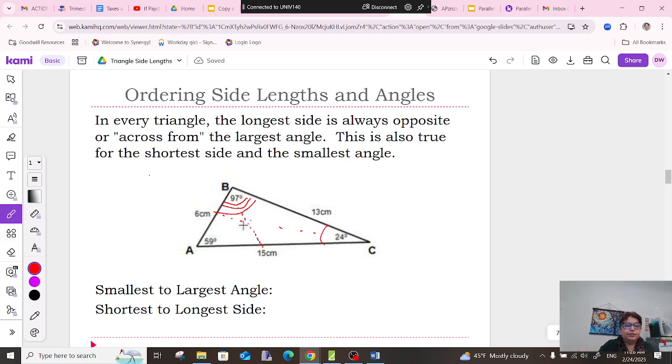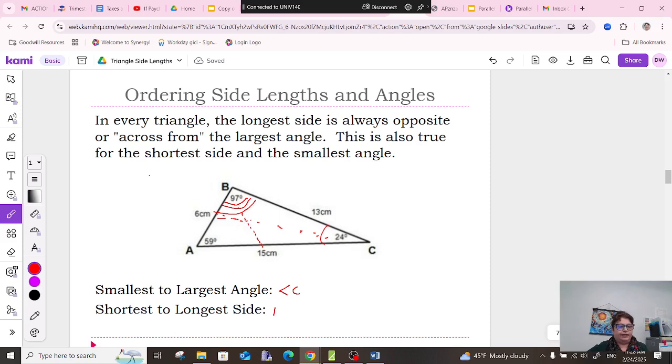Okay. So, if I know this relationship, I'm going to look at this triangle, right? Here's the smallest angle. Do you all agree that angle C is the smallest angle? Everybody agree? Okay, the opposite side will be your smallest side, right?